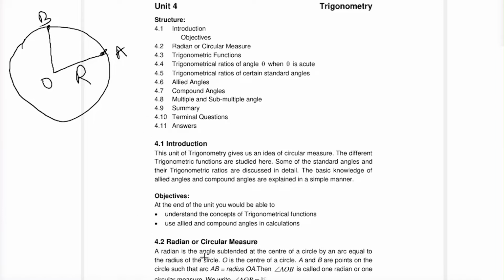So the radian is the angle subtended at the center of a circle by an arc equal to the radius of the circle. So if our OA is r, then AB must also be r. That means whatever our radius is, if our arc length is also the radius, then this angle is called 1 radian.